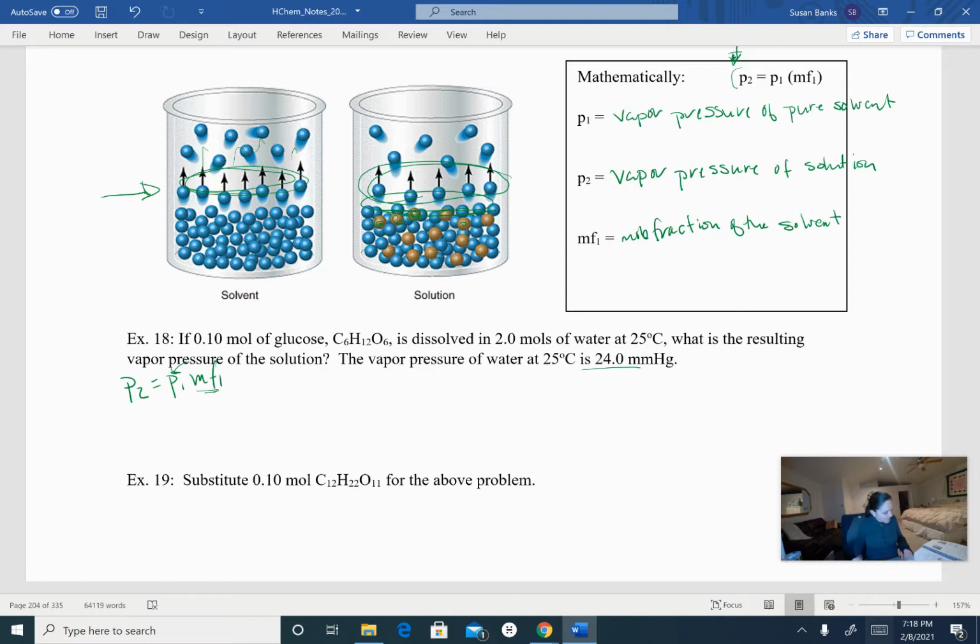So let's work on finding my mole fraction. My mole fraction, remember, is of the solvent. What is my solvent? It's not the glucose, it is the water. So I've got 2 moles of water.